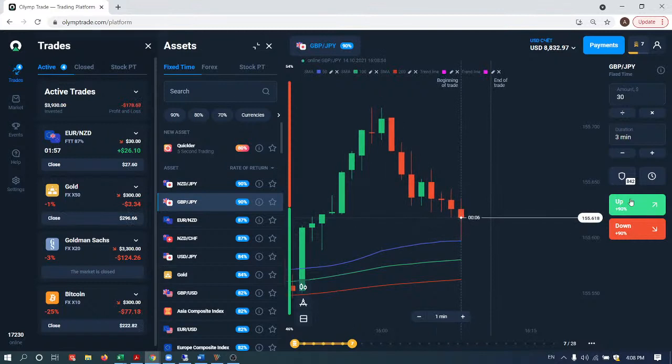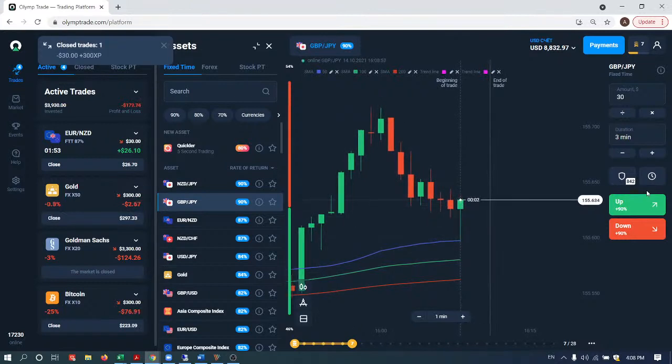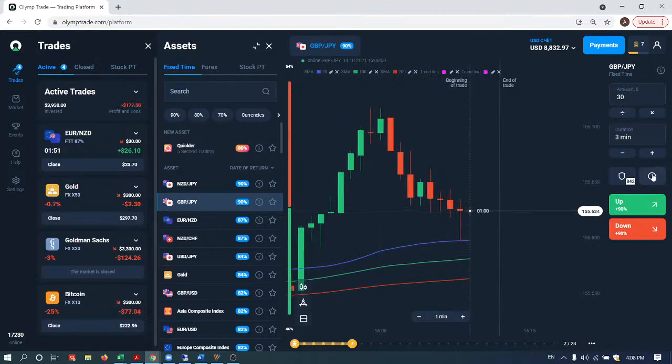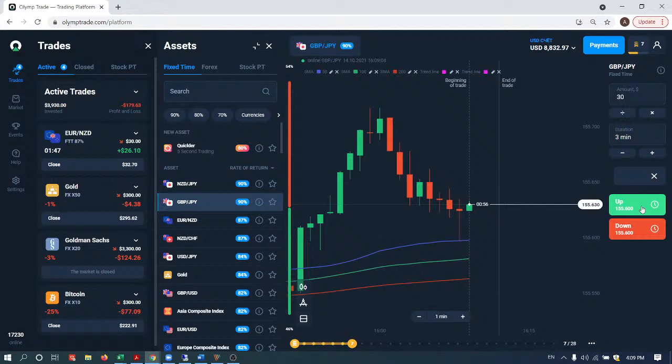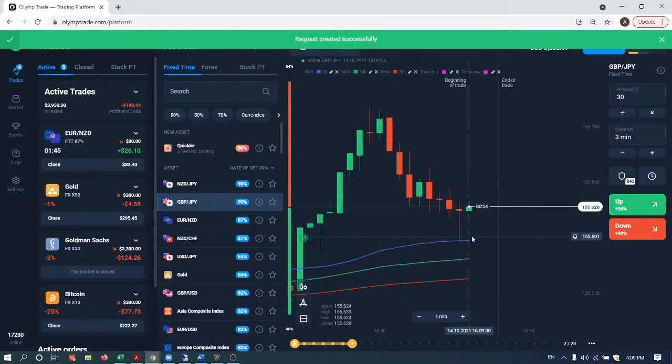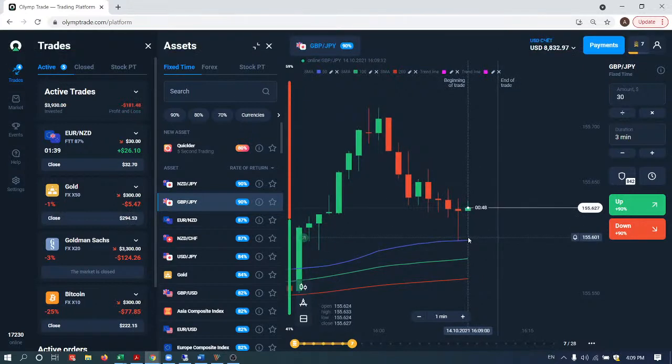Now, what we can do when trading is use the help of pending orders. In order to set a pending order, you just need to pick a price. So I just set a pending order at this level, 155.600.